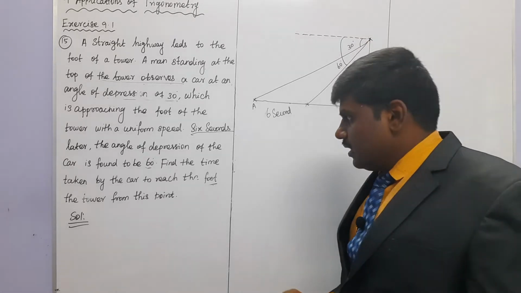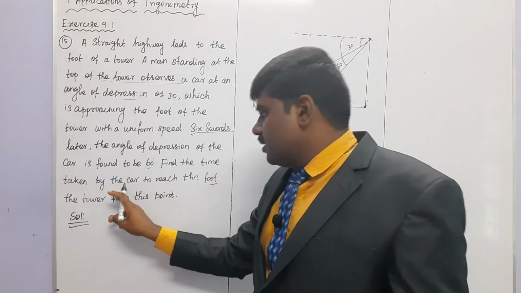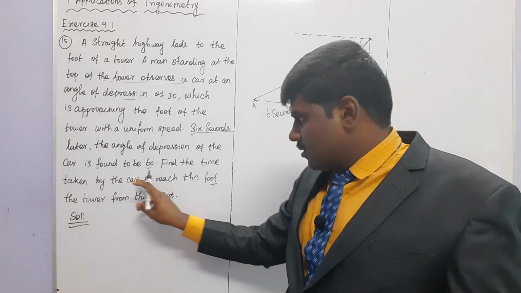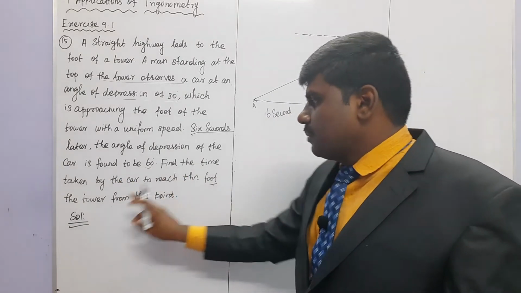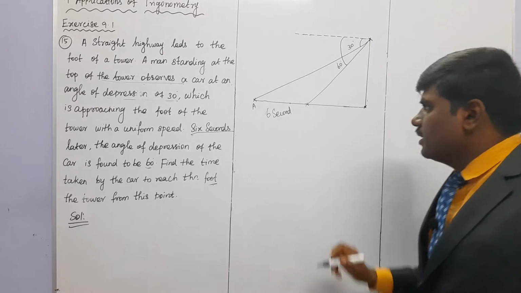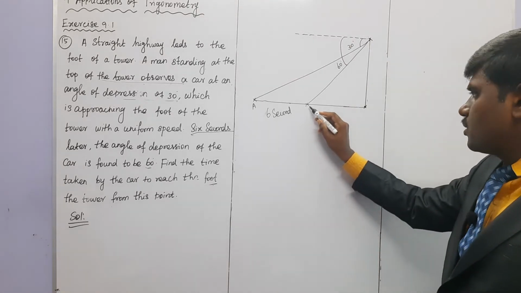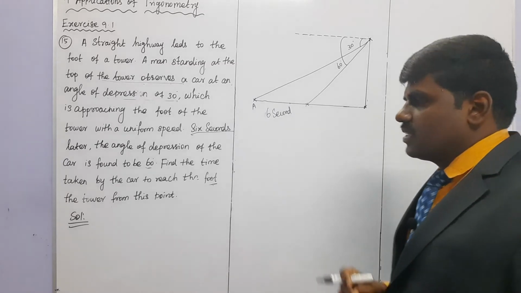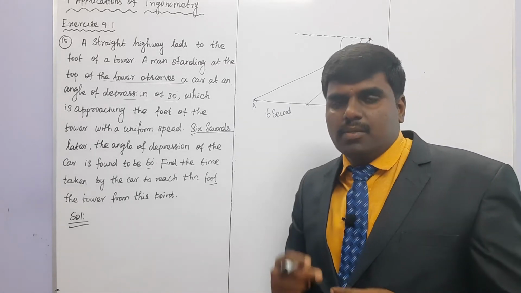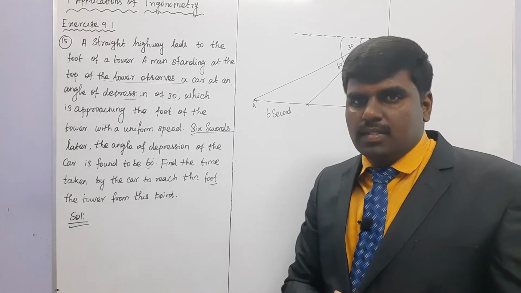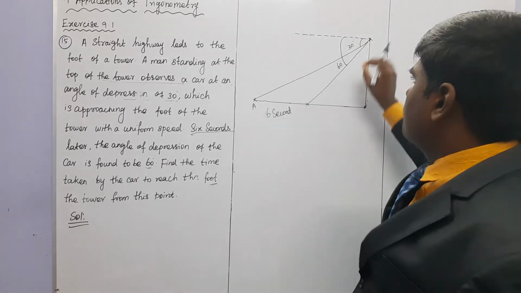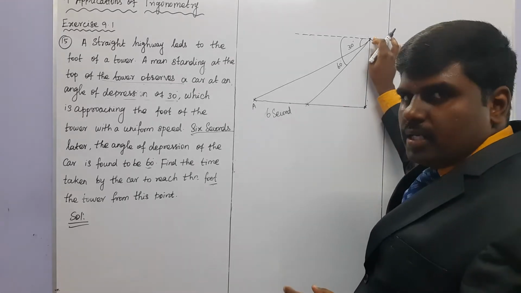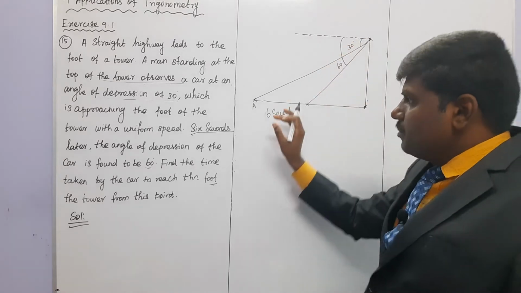Next, find the time taken by the car to reach the foot of the tower from this point. Finally, how many seconds does the car take to reach the foot of the tower? So, one person is standing at the top of the tower, and a car moves at uniform speed.